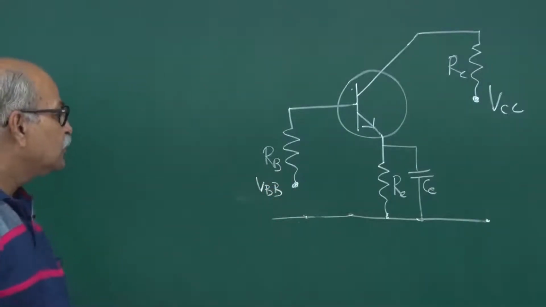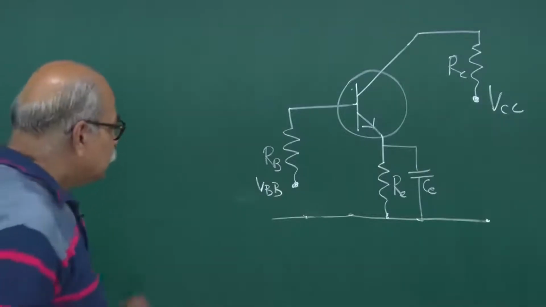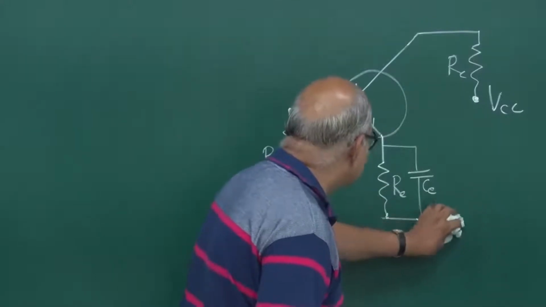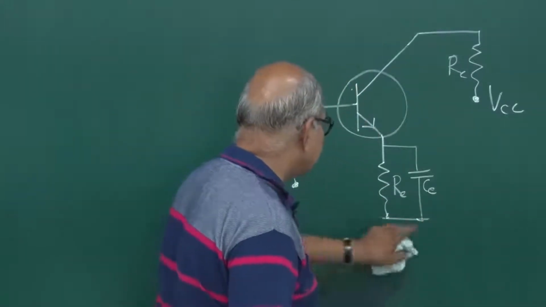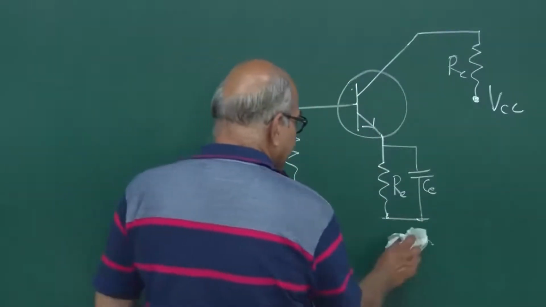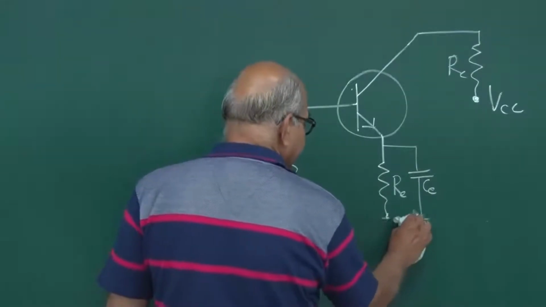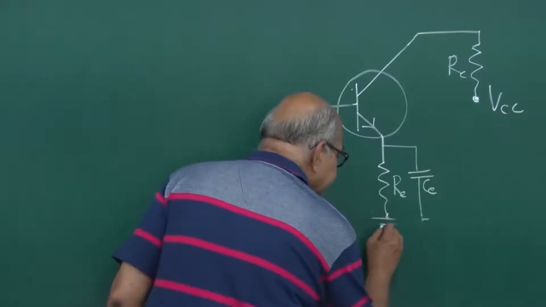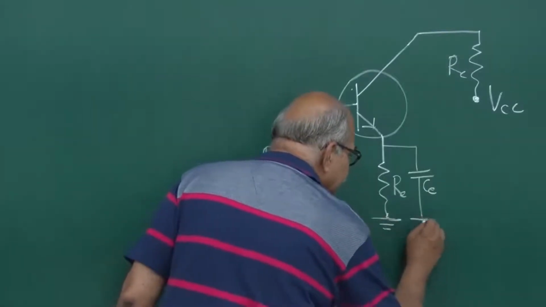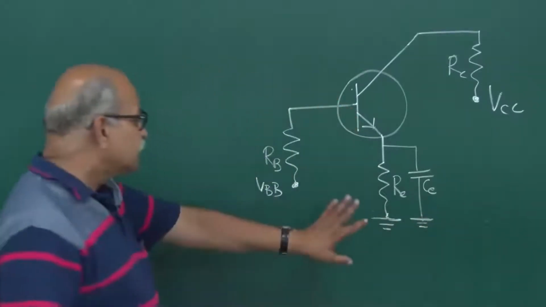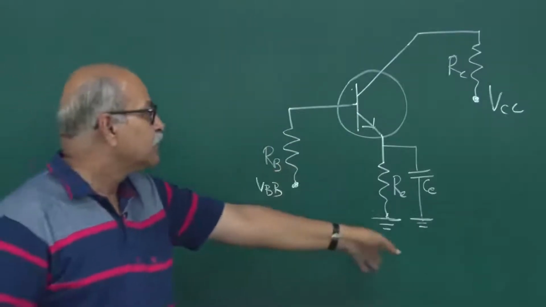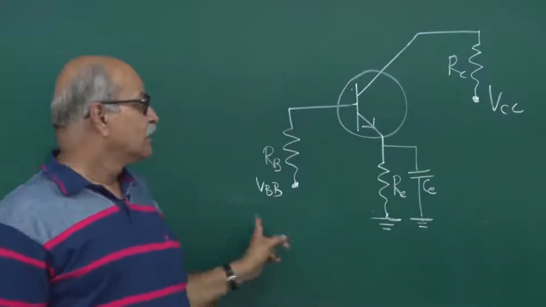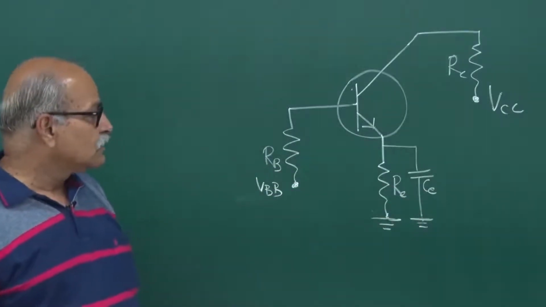And then you can remove this ground line also, and these things which are connected to ground, this also you can remove, and you can put a ground symbol here. You can say that this is the ground symbol. Wherever there is a zero potential point, you can put this symbol anywhere in the whole circuit, and we know that that is connected to this line. So this is one thing.